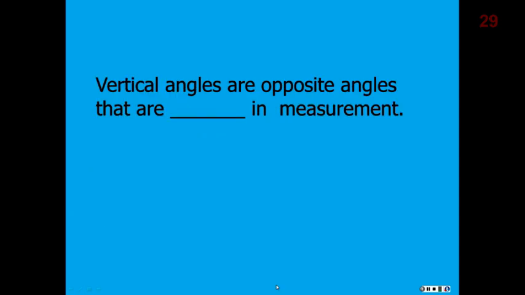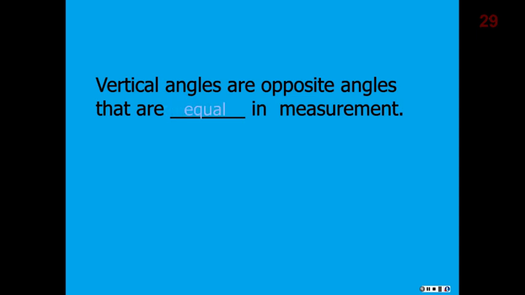Vertical angles are opposite angles that are blank in measurement. We just talked about this on like 3 slides just a minute ago. What is it about vertical angles that you're supposed to remember? What's equal?